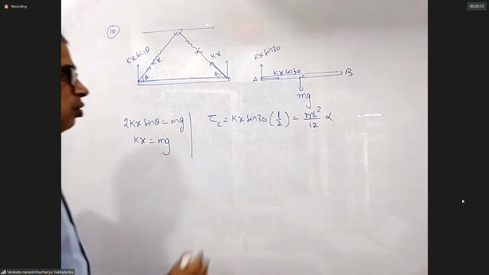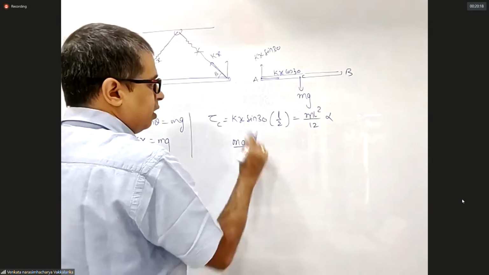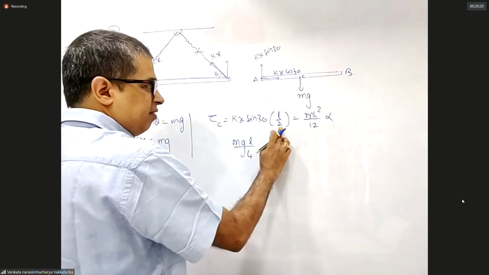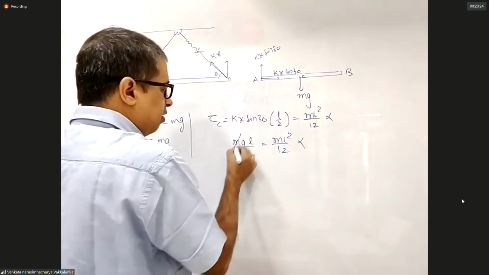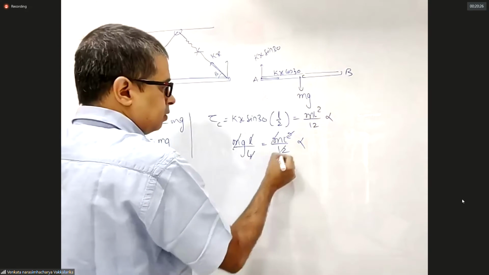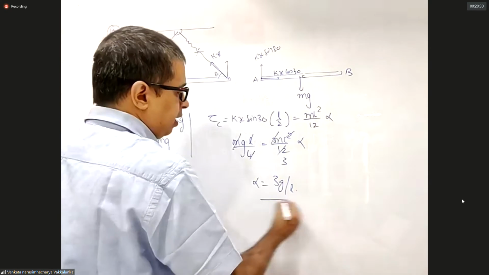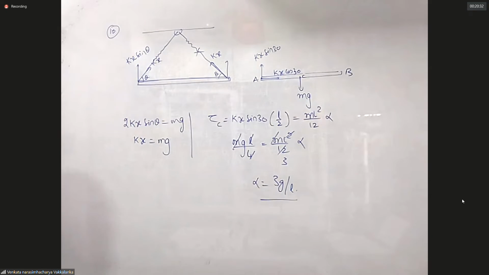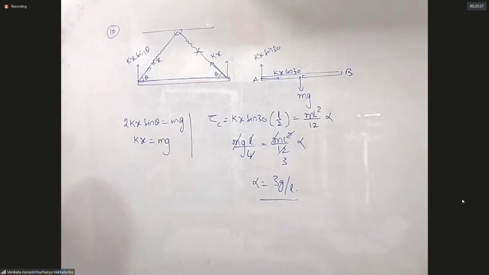Kx value you know is mg. mg L by, sin 30 is half, I have a half here. This will be ml square by 12 into alpha. 3g by L is alpha. First bit, I believe quite a few people could do this. I'm happy about it.